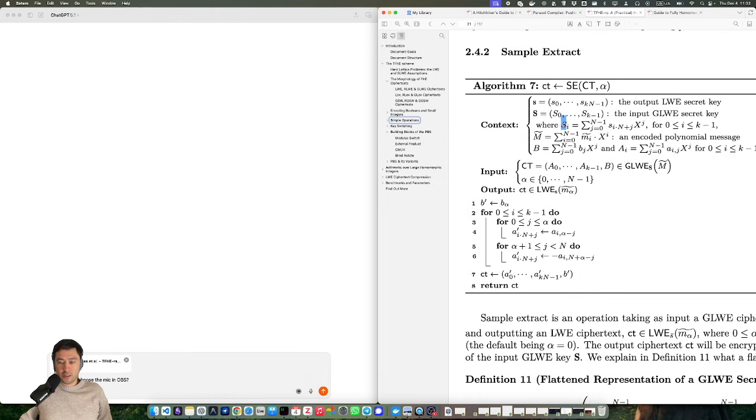Because the entries of the secret key are also the same size of A, which goes up to N. So why do we do I is gonna go through that? Well, oh, there's a vector of size K here. Oh my god.